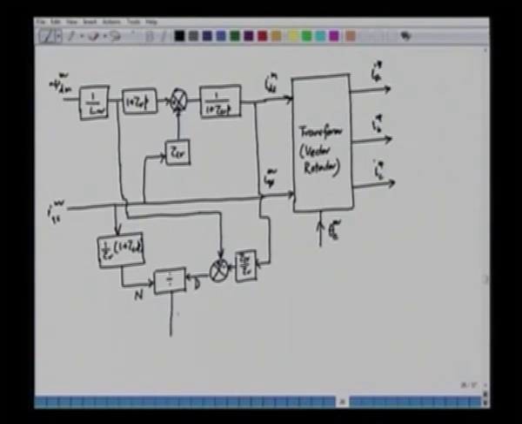The result here is the slip speed, and when we have slip speed, we can use this slip speed in various ways. First of all, this slip speed is taken and we can add to this slip speed the rotor speed.